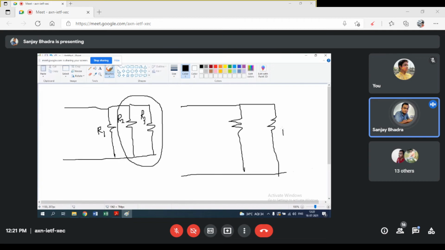This will be my equivalent resistance, R equivalent. This is my source current I. Fine. In that case, this would be your I1 and this would be your I2.